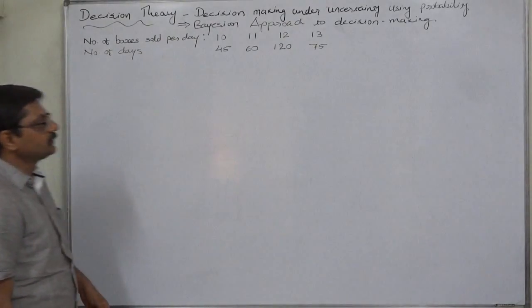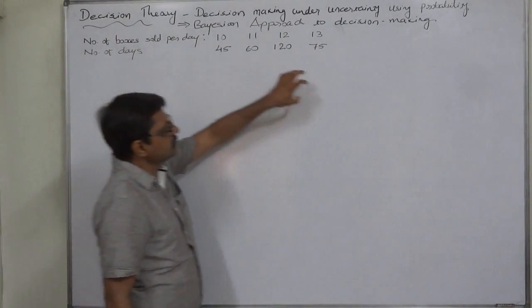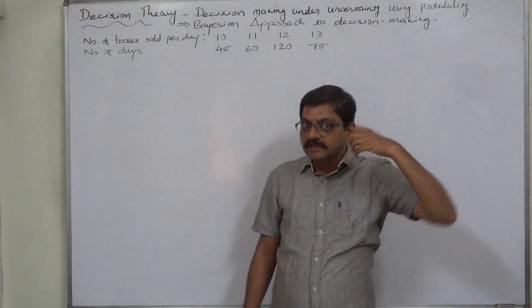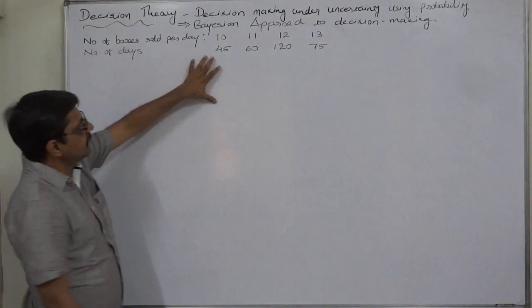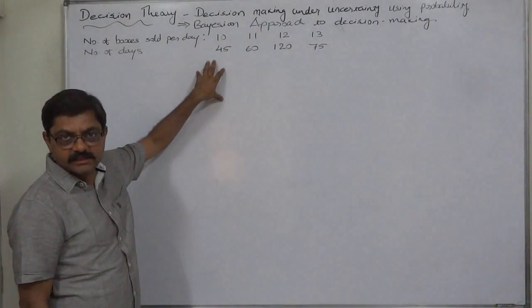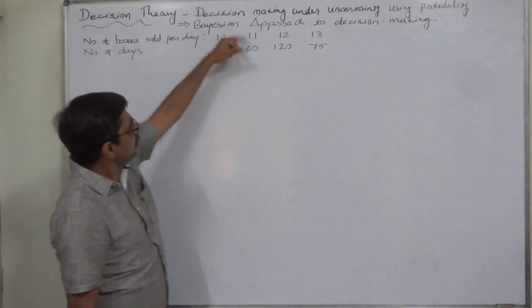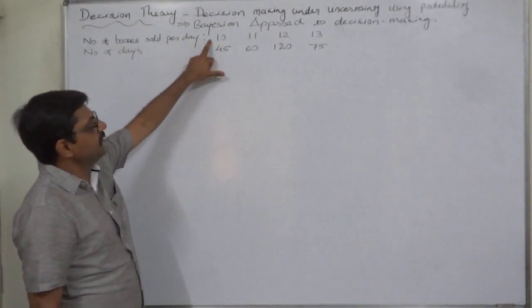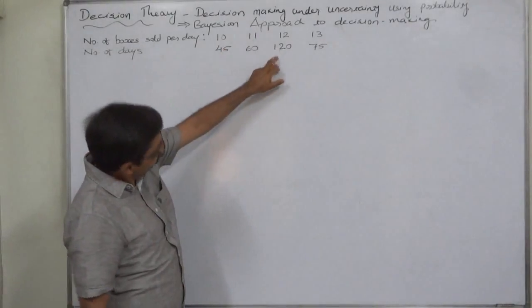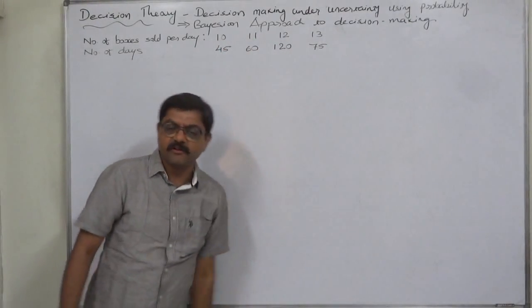We can use this information and say we can have a probability distribution. These are the number of days. They are like favorable cases for a particular outcome of the experiment. 45 days are in favor of 10 boxes, 60 days in favor of 11, 120 in favor of 12, 75 in favor of 13.